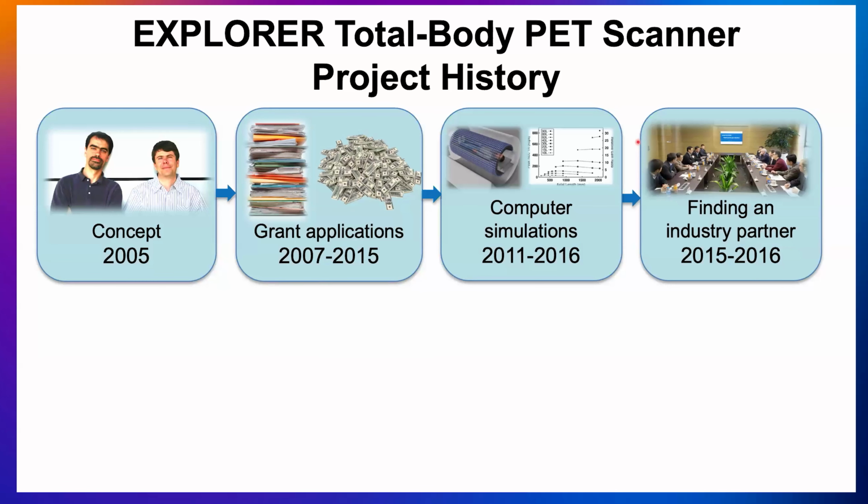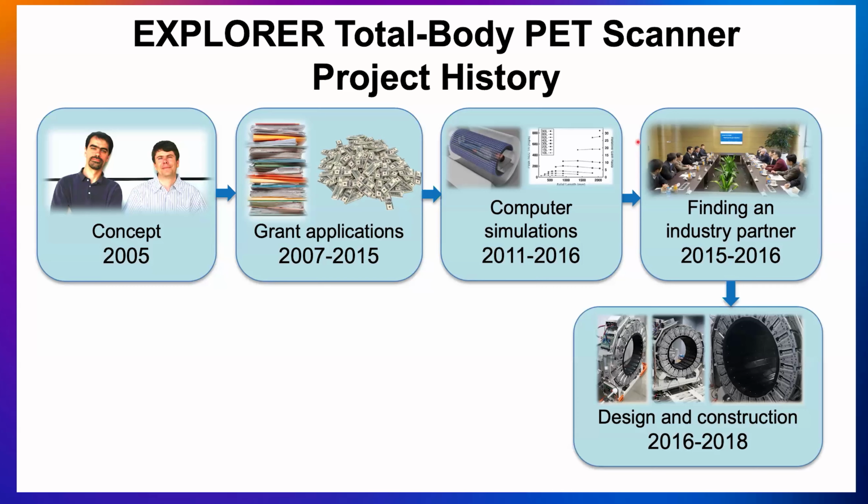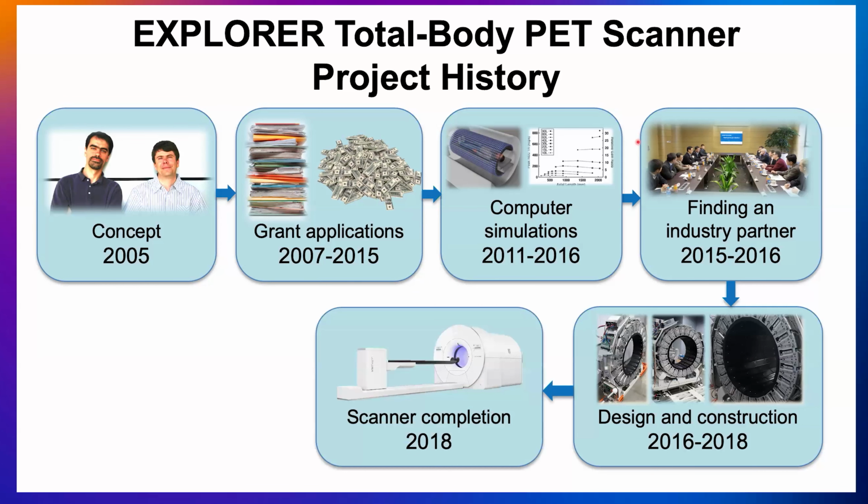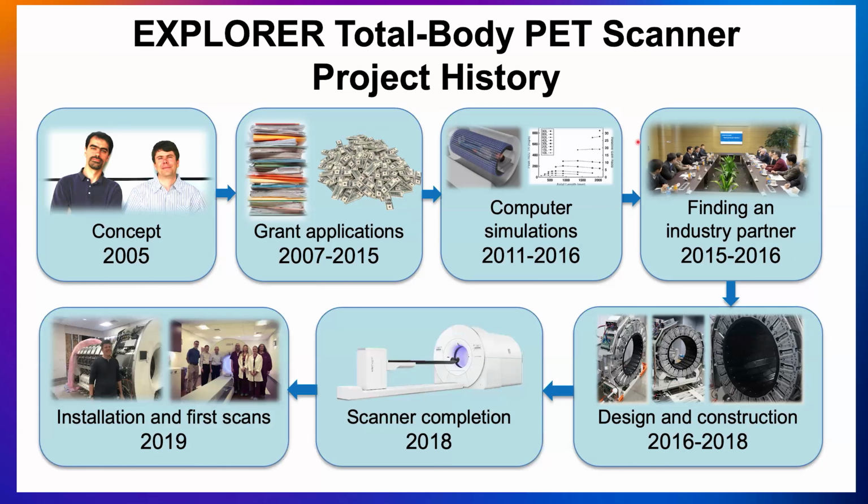We were successful in that eventually. And then the system was designed and built between 2016 and 18, completed in late 2018, and installed at UC Davis in 2019. So about 14 years from that first meeting to actually getting the first scan.